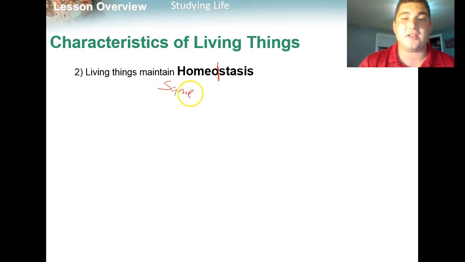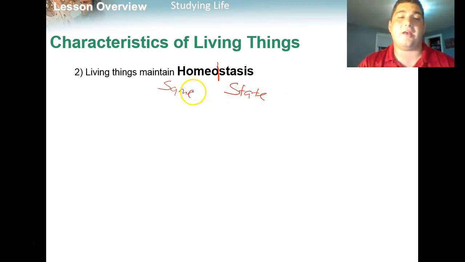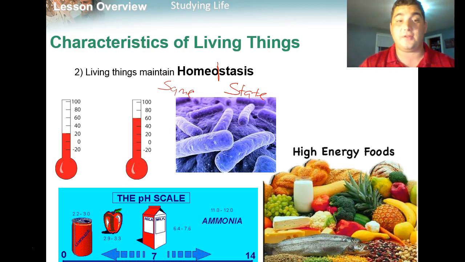If we have a solution that is homologous, it is the same throughout. Then we see stasis, which we can think of as meaning state. So something that's in homeostasis is maintaining the same state. For our definition, anything that is maintaining homeostasis is maintaining a stable internal environment.